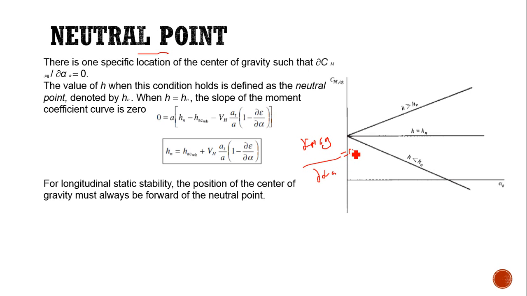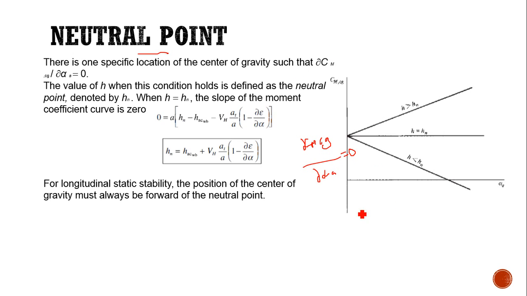For some condition, the slope will be 0. The point, or the location of the center of gravity, where ∂CmCG by ∂α is 0 is called the neutral point. So the point where the moment coefficient slope will be 0 is called the neutral point.